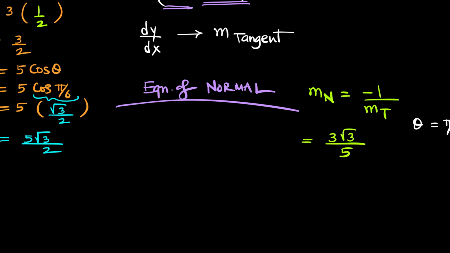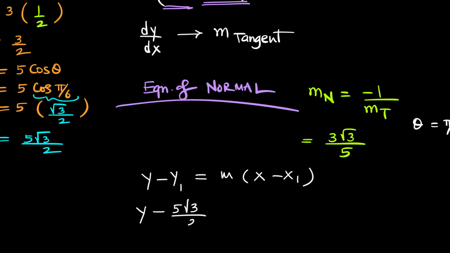And now applying the equation of a straight line, y minus y1 is equal to m times x minus x1. Therefore, y minus the y coordinate, which is 5 root 3 over 2, is equal to 3 root 3 over 5 times x minus x1.